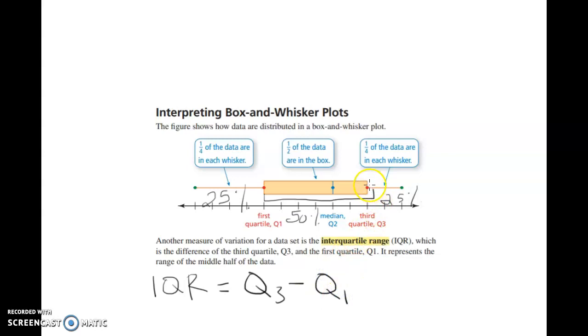So that's just telling you where the middle 50% of the data is. Well, I guess not really most, but where half of the data is, okay? And it's important to know where that middle half is because that's where a lot of those points are going to be. So let's look at a couple of examples.